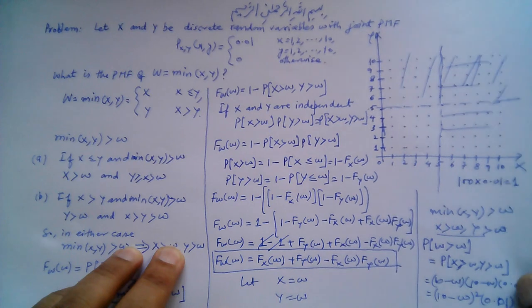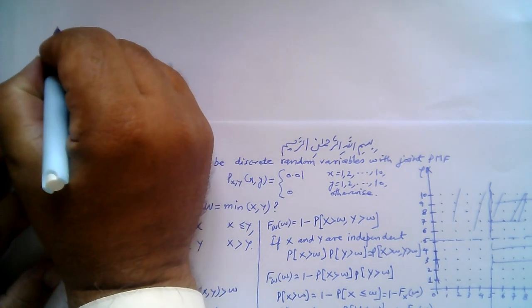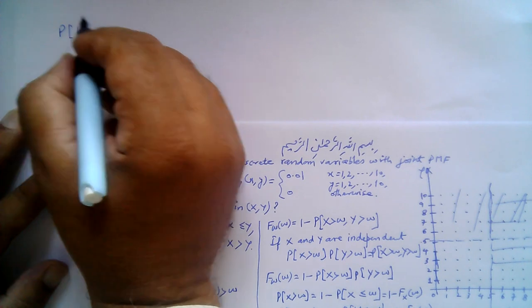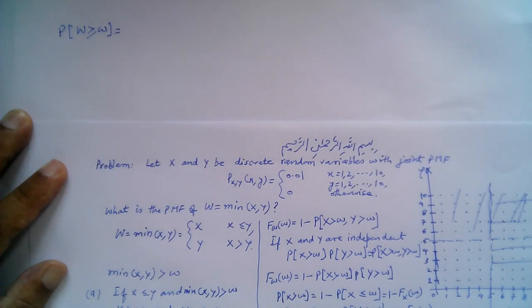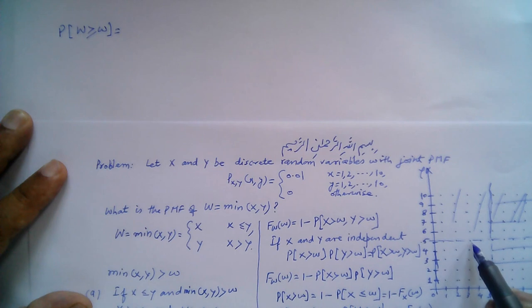Let's consider a similar scenario again, but now let's consider the probability that W is greater than or equal to w. So greater than or equal to w will include this line also, right? So in this case now it is 10 minus w plus 1, right?